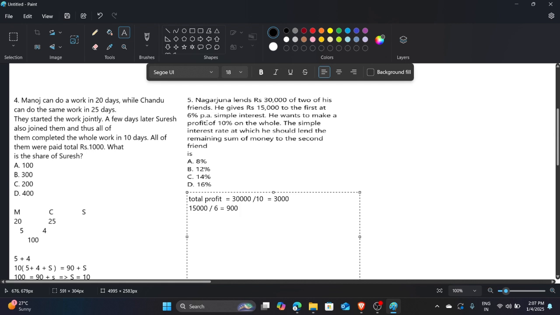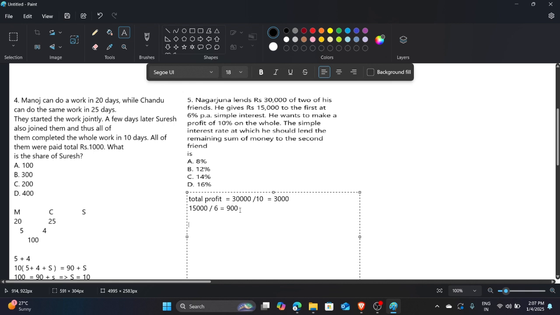The total profit he needs is 3,000, and 900 he already has, he already gets the profit by applying 6% simple interest.